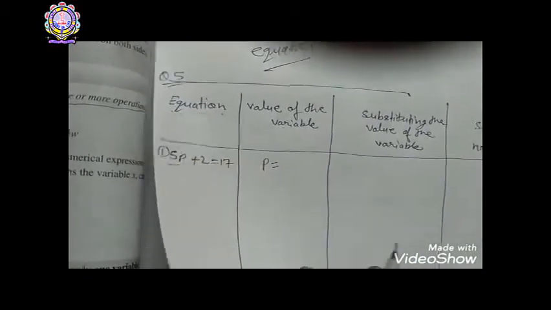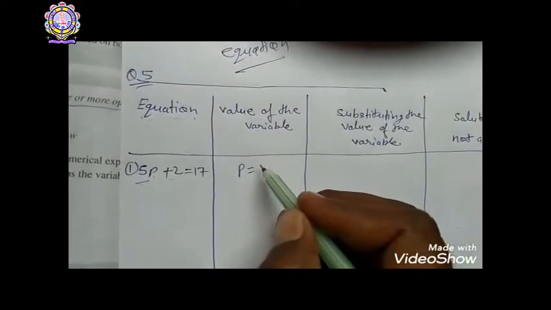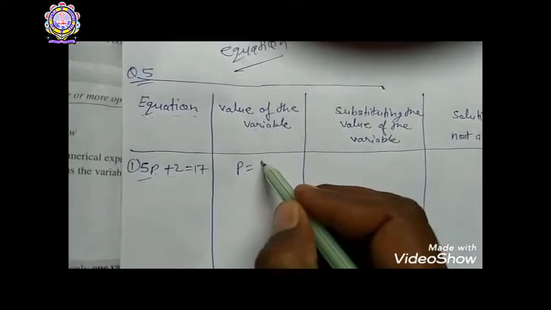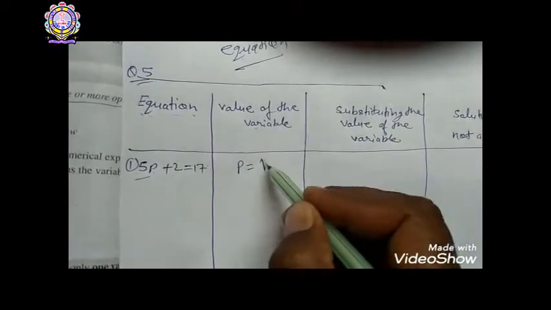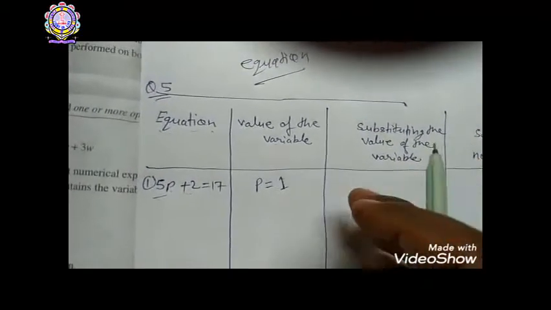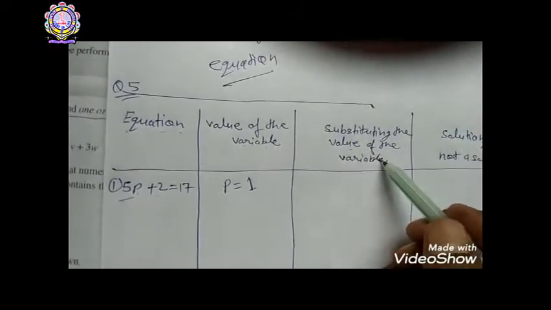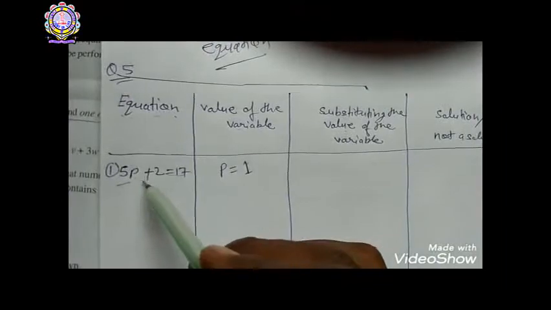What is the value of the variable? You don't know. So we start by writing the value of p as 1, because this is the trial method. Substituting the value of the variable now in the equation.